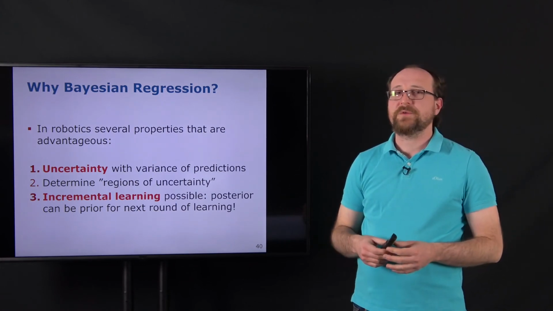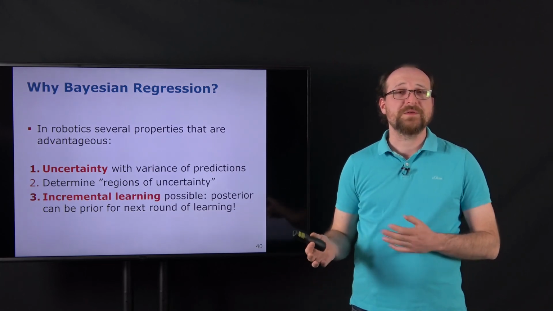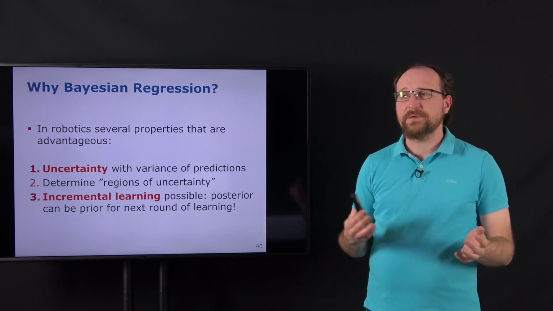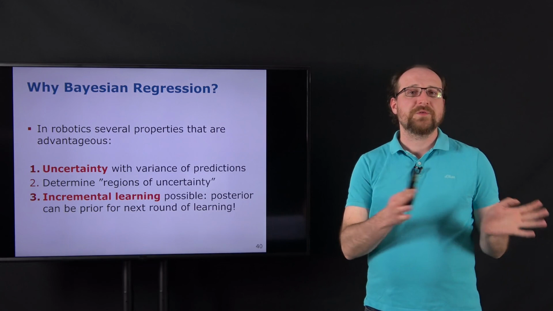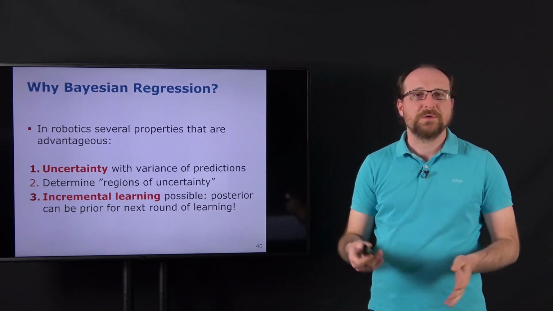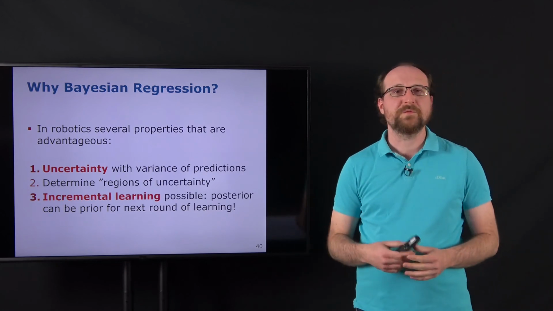What we can also do, which is a side effect of the prior being of the same functional shape and form as the posterior, is take the posterior and put it in as the prior for our additional learning. This is something we cannot do when we have a point estimate.